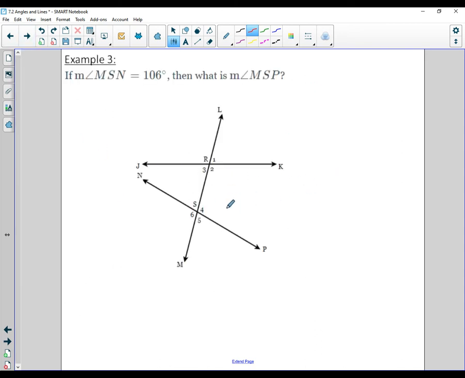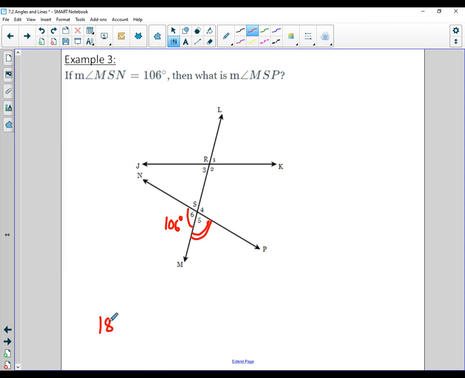So if the measure of MSN is 106 degrees, that's here, that's 106 degrees. Then what is MSP? MSP is this one here, right? And maybe I'll mark it differently. Well, I know that this whole line has to be 180 degrees.